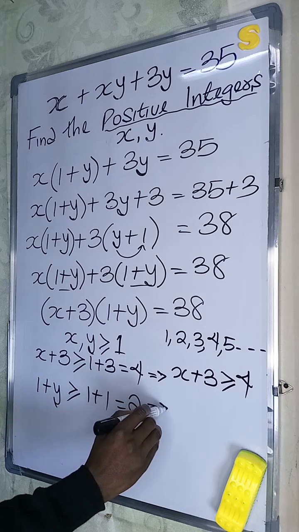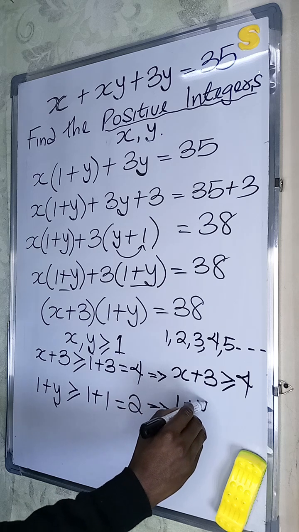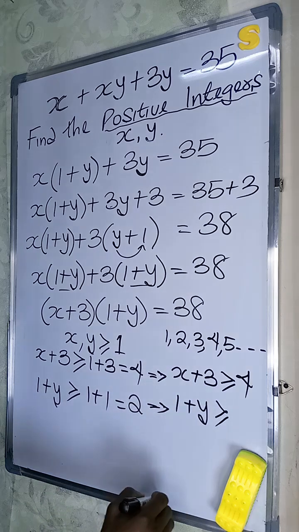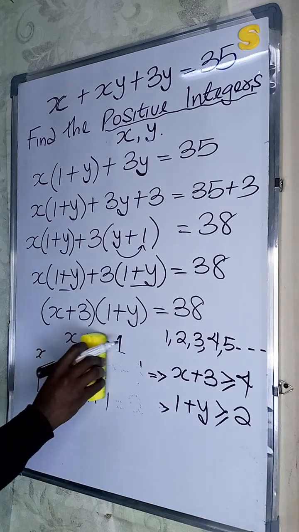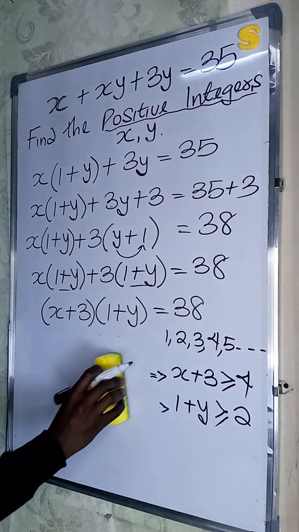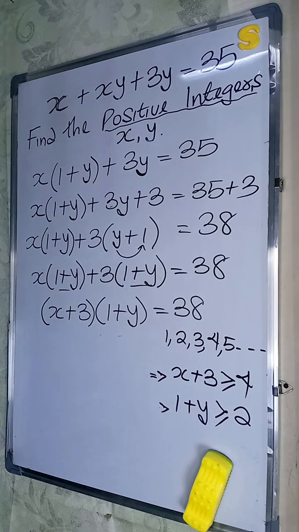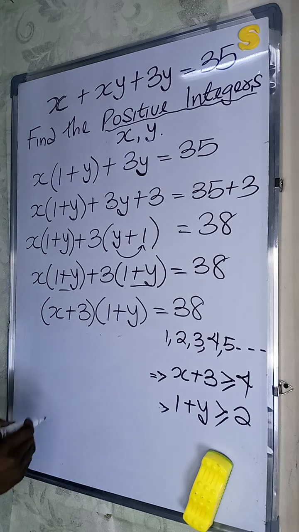So this tells us that 1 plus y should be greater than or equal to 2. That is what we have brought out. So for us to have positive integers, this condition should hold.